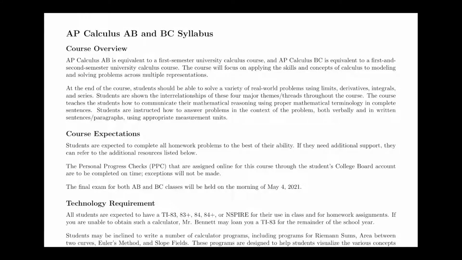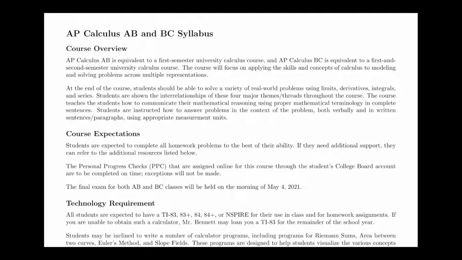Like I said before, there's a few things in particular that I think you should know. As you may already know, there are the AB and the BC portions of the calculus course. We're teaching them simultaneously. Some schools, if there's a whole bunch of AP students, might split them up into AB and BC, but we're just doing it all together in one class. So you can decide if you want to do AB or BC throughout the year.